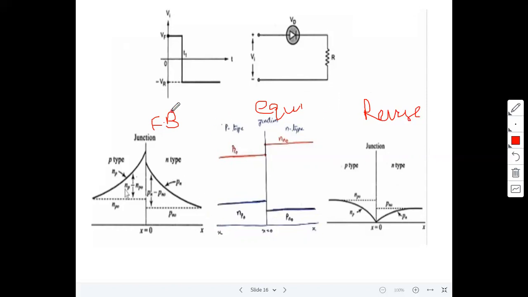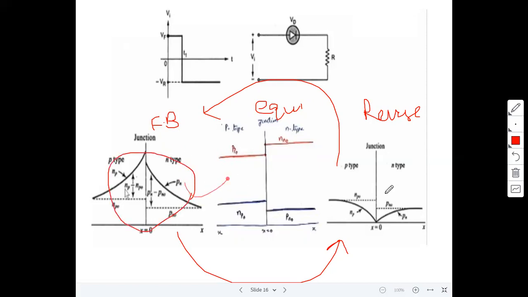Whenever a diode changes from forward to reverse or reverse to forward, this minority carrier distribution must be replaced, right? Suppose the diode is already operated in forward bias and suddenly we apply a reverse voltage, it will enter reverse bias. That means the minority carrier distribution is replaced with this.